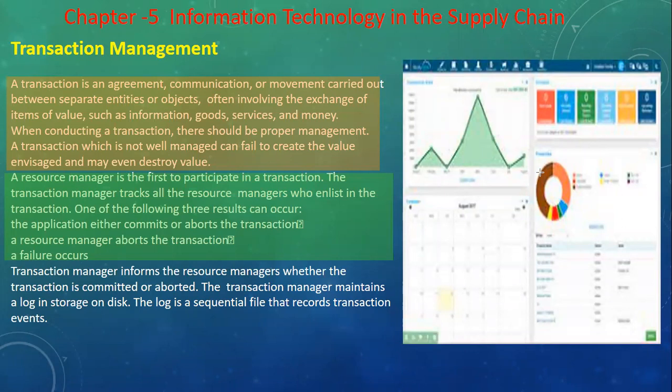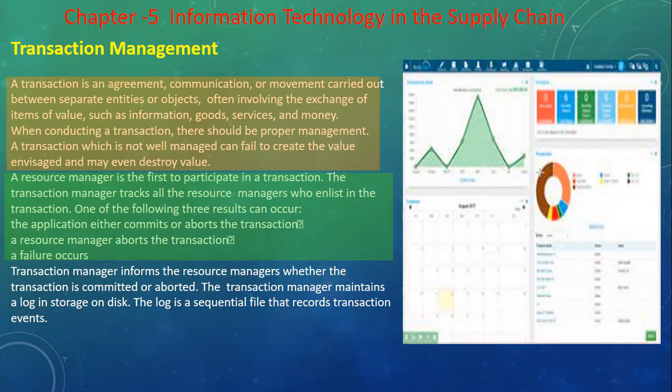In simple language, if the manager does not perform the transactions in a proper way, then it can be aborted, meaning that the order is not fulfilled.